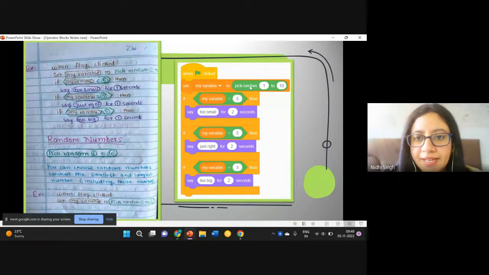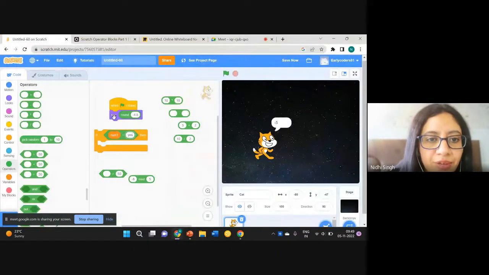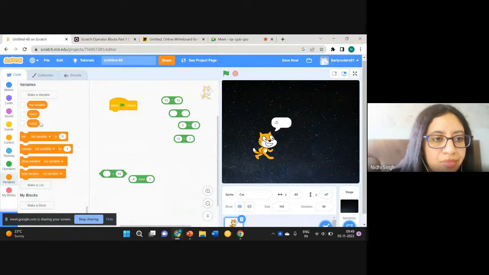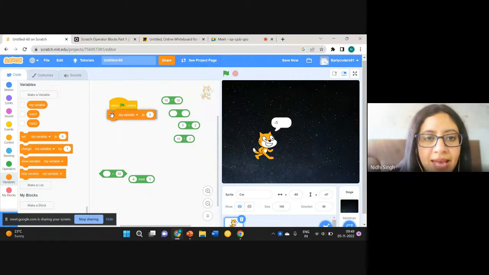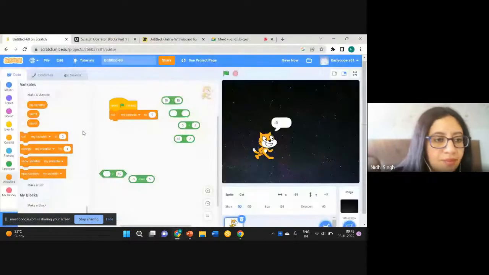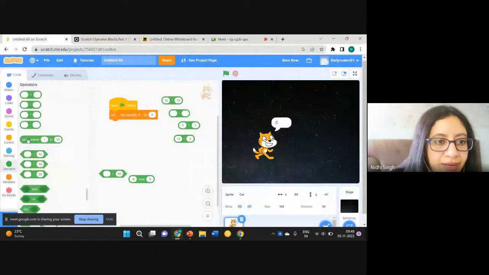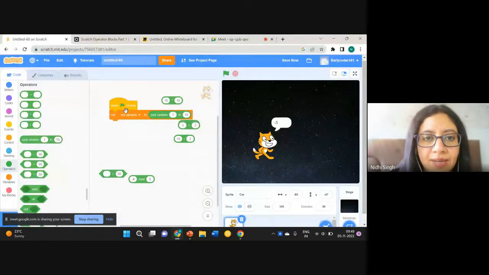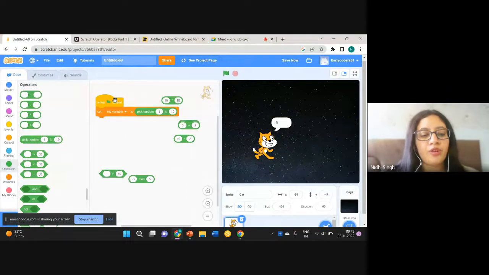Now just see this one. When flag clicked, we are taking one variable. No need to create a new variable, whatever the default variable is there, we can take it. I am setting my variable to 0 initially. Then I will pick a random value. The computer will pick any random value between 1 and 10 automatically.